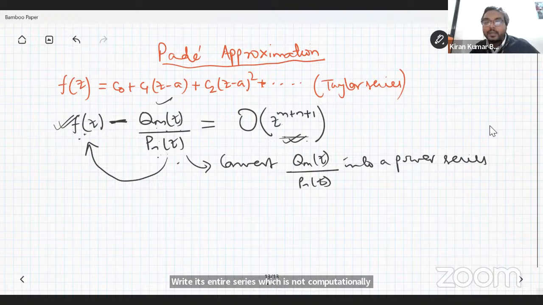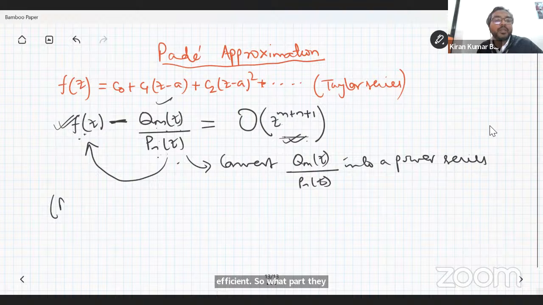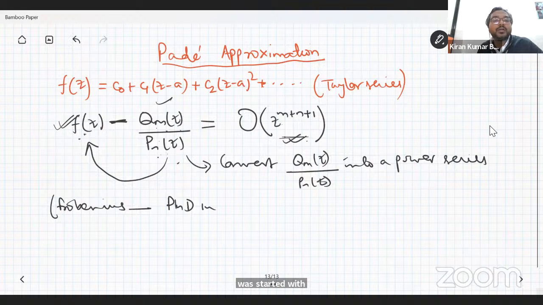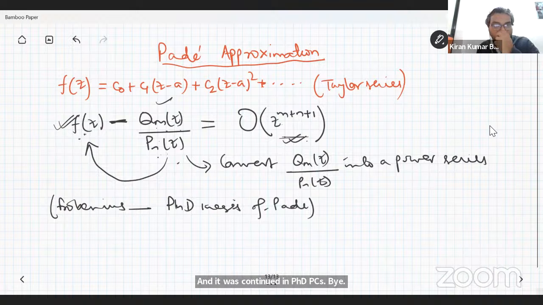So Padé's idea was started with Frobenius and continued in the PhD thesis of Padé. What he thought of is, instead of working with f(z) minus Q_m(z) over P_n(z), let us linearize.